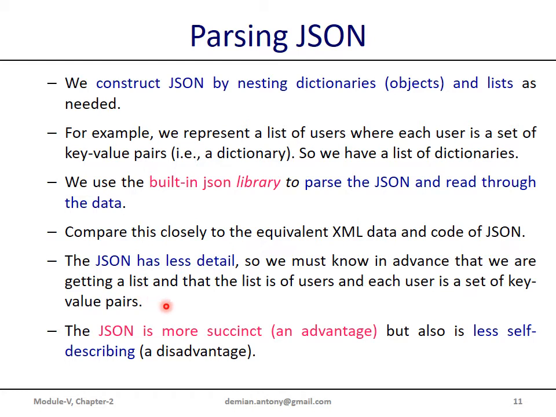And one advantage is we can get the summary of data easily in JSON without much readability issue, because there is no nested structure. We simply represent the data in the form of key value pairs, and the limitation is it is not self-describing.